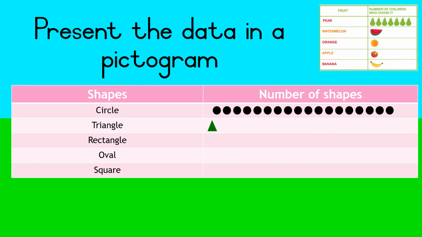So 1, 2, 3, 4, 5, 6, 7, 8, 9, 10, 11, 12, 13, 14, 15, 16, 17, 18, 19, and 20 triangles.